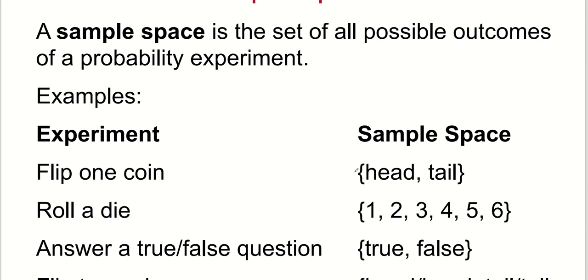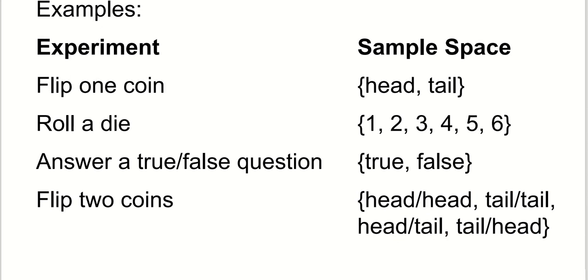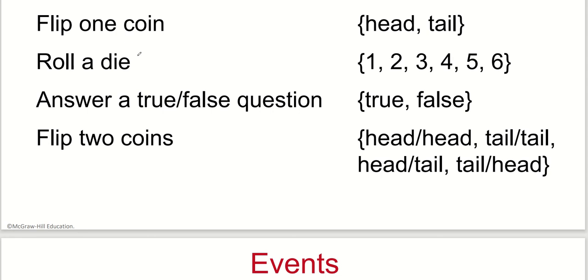Notice that it is a set, so we're using the set notation where we have braces, and the individual outcomes are separated by commas. If we roll a standard 6-sided die, the numbers that show up could be anything from 1 through 6. And so our sample space here would be the outcomes 1, 2, 3, 4, 5, 6. In answering a true and false question, the 2 possible outcomes would be true or false. Again, writing it as a set.